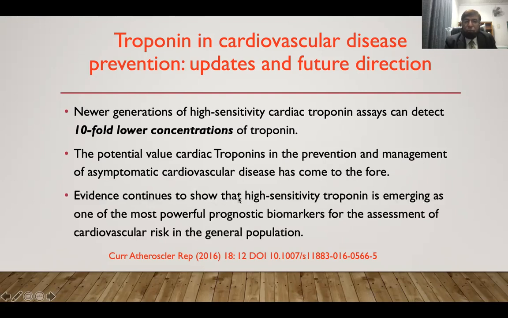Evidence continues to show that high sensitivity troponin is emerging as one of the most powerful prognostic biomarkers for the assessment of cardiovascular disease. Just as we use CRP and other markers for cardiovascular risk assessment, we can use troponins as a prognostic marker.